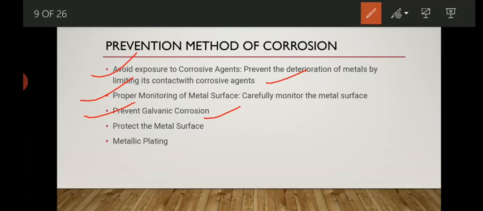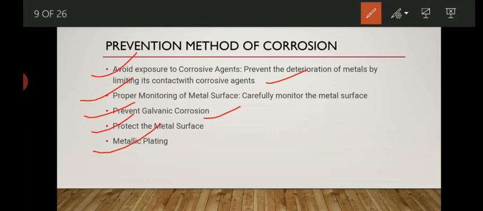See, in the galvanization process, we use a galvanic cell. Now the next method is to protect the metal surface, which we already discussed: oiling, painting and greasing. Then metallic plating: we have to cover the metal with a metallic plating of another metal. See, some metals are very less reactive in nature.